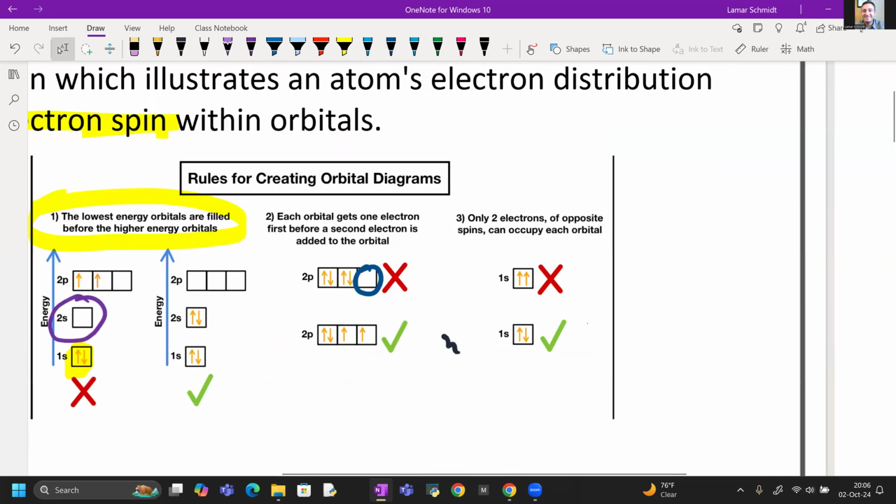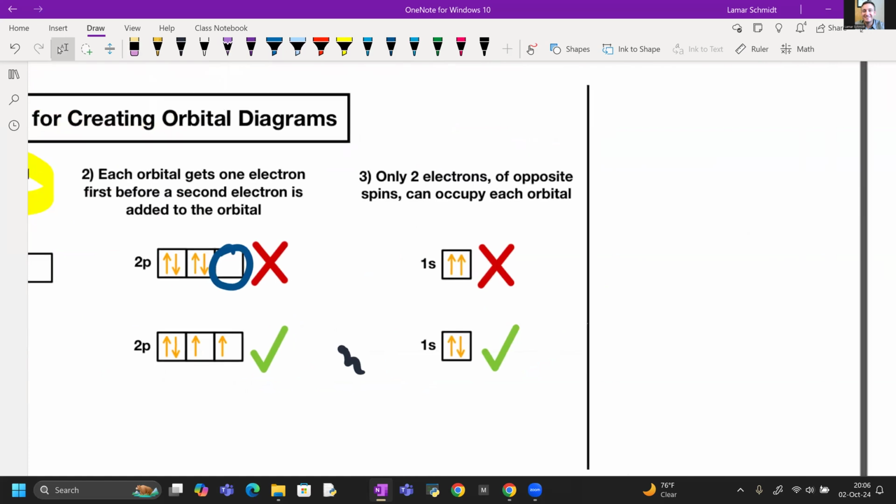So what we see here in this anti-example is that both of these electrons have the same 4 quantum numbers. The other 3 quantum numbers are the same, but on the 4th one they're both showing a positive spin.